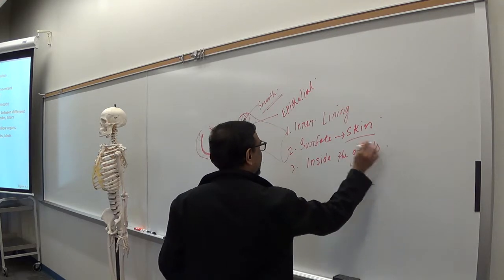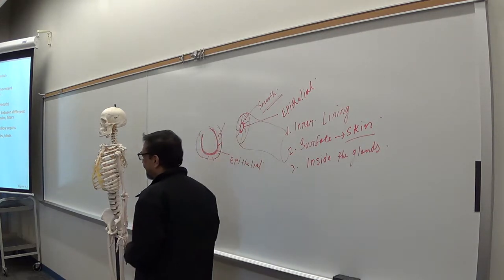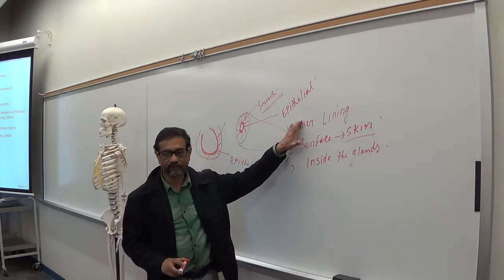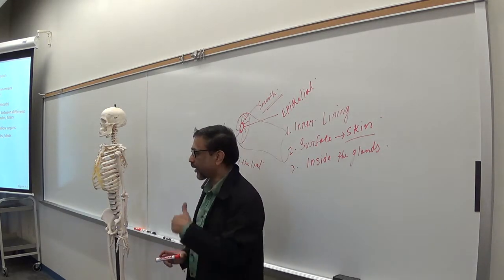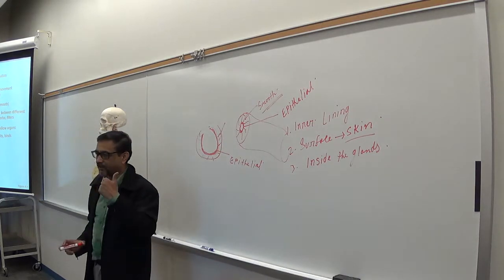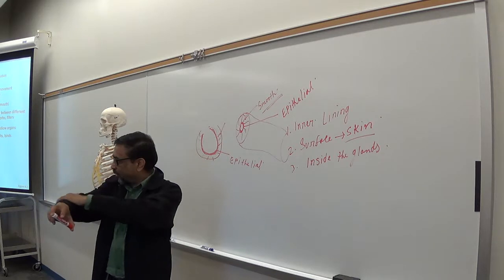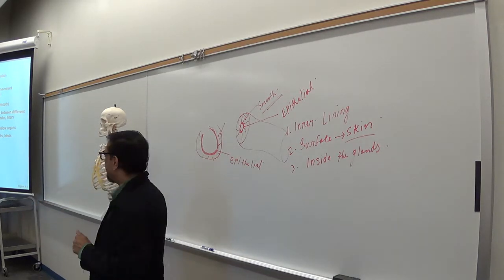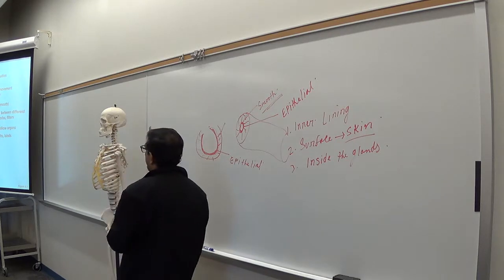Okay, glands. So, those are the areas where you will find the epithelial tissue. Inner linings of tube-like structure, inner linings of hollow organs, body surface, which is the outer surface of the skin, and inside the glands.